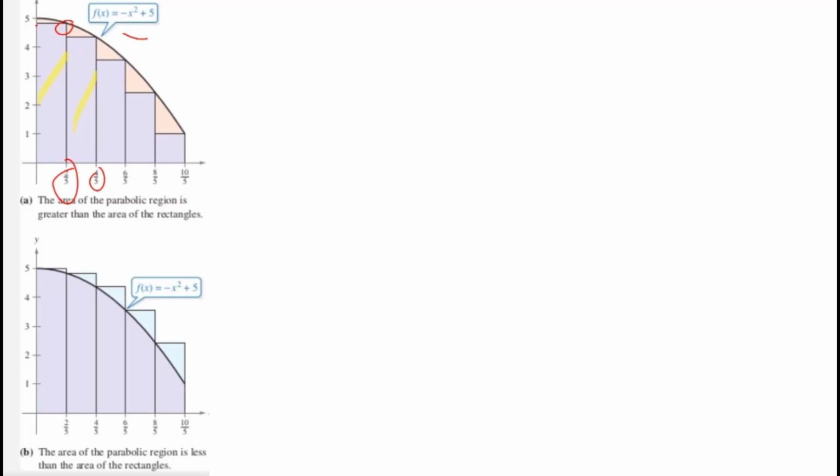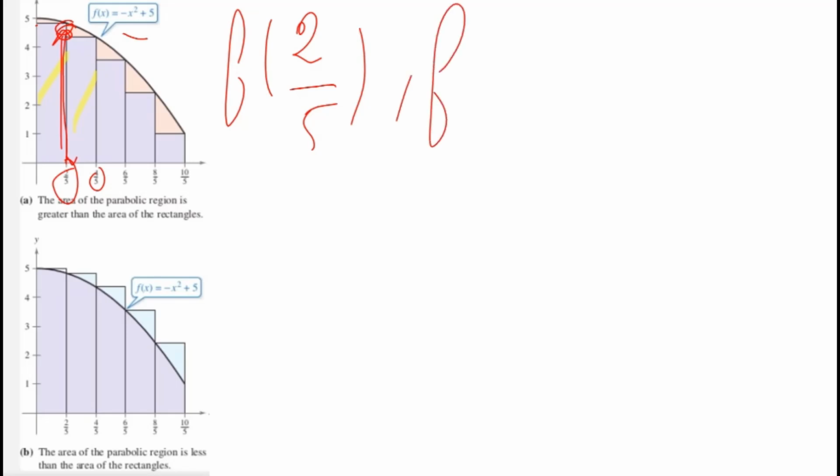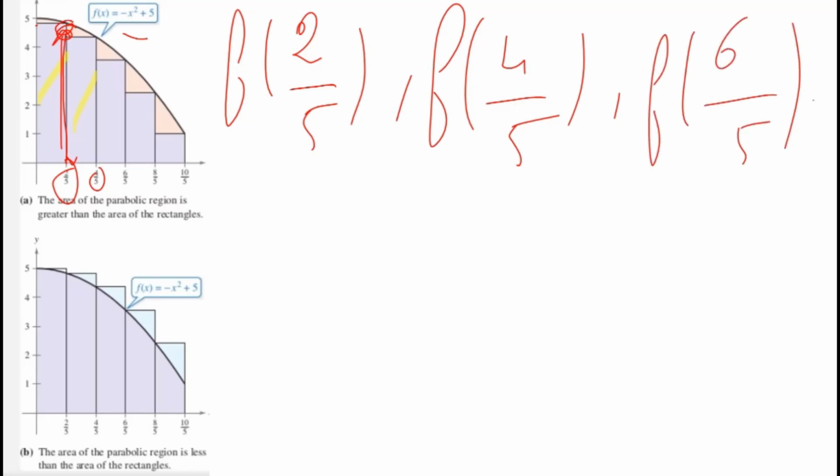So the height that we'll be using will come from the left endpoint. What would be the height in this case? It will be just f of 2 over 5, or f of 4 over 5, or f of 6 over 5, and so on. As for the width, as we said, it will just be 2 over 5 because it's constant. It's only the height that is changing.